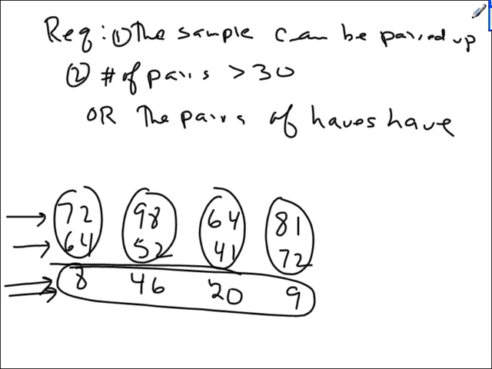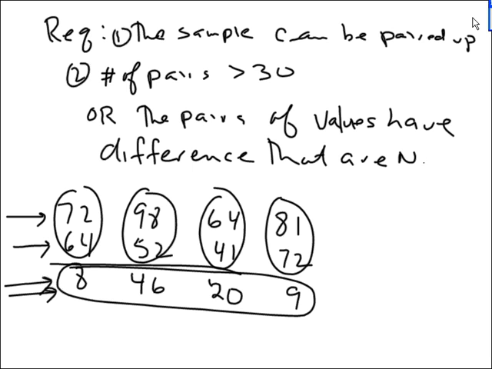I listed them: 8, 46, 29, they are normally distributed. The pairs of values have differences that are normally distributed.